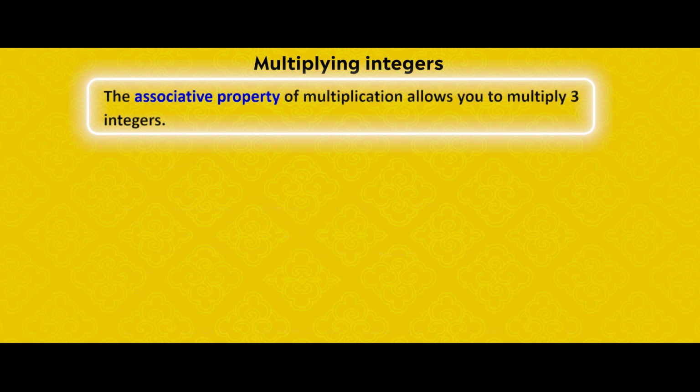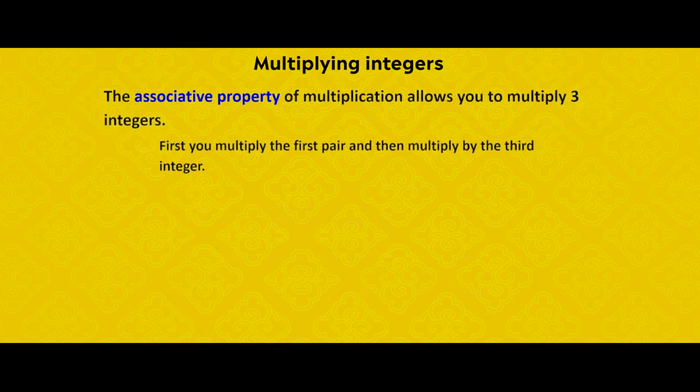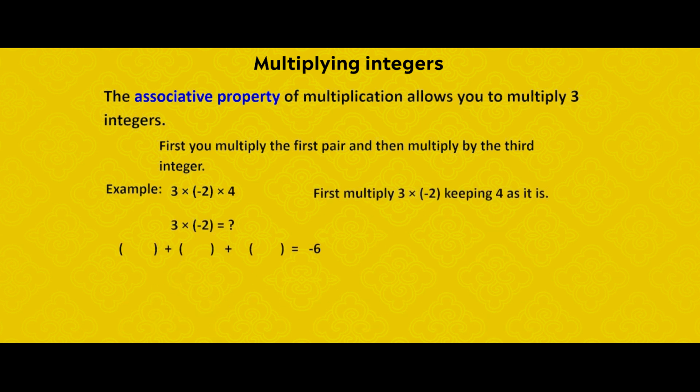The associative property of multiplication allows you to multiply 3 integers. First, you multiply the first pair and then multiply with the third integer. Example, 3 times negative 2 times 4. First we will multiply the first pair, which is 3 times negative 2.